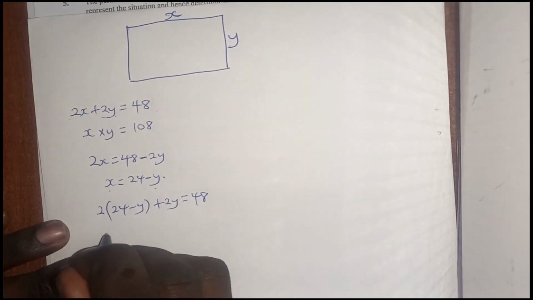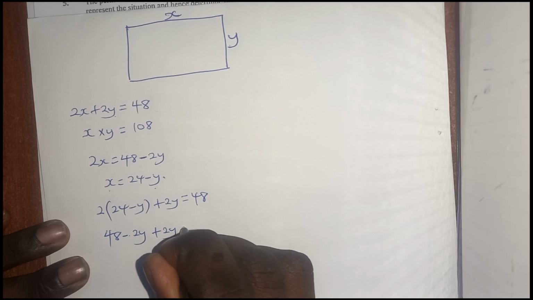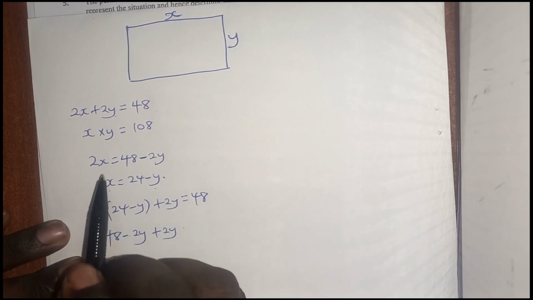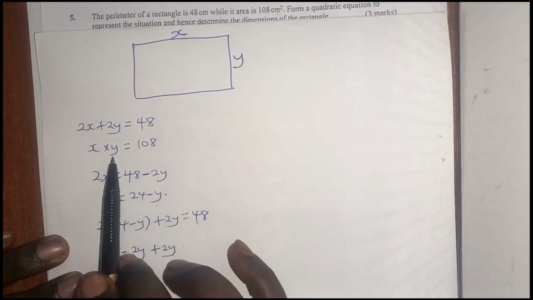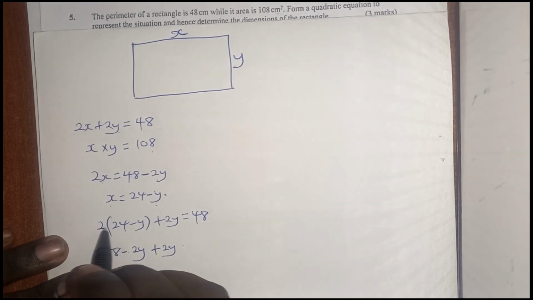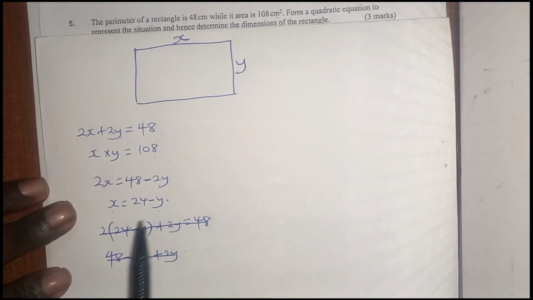This gives us 48 minus 2y plus 2y equals, sorry, we have an x and a y here also. I'm sorry about that, please forgive me. So that was gibberish. We have x in terms of y, right?